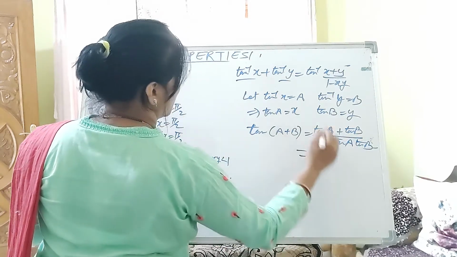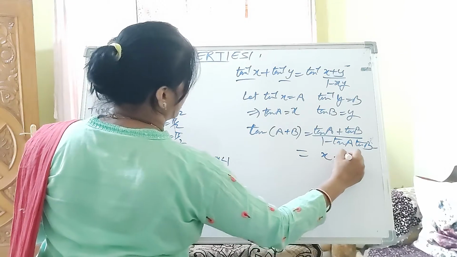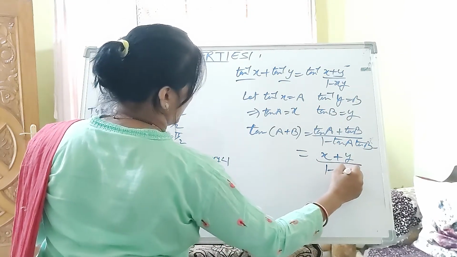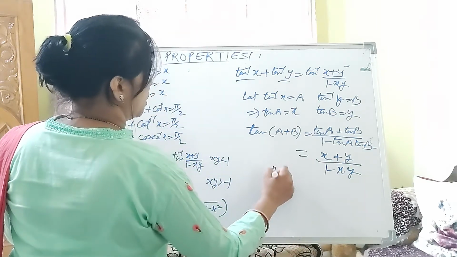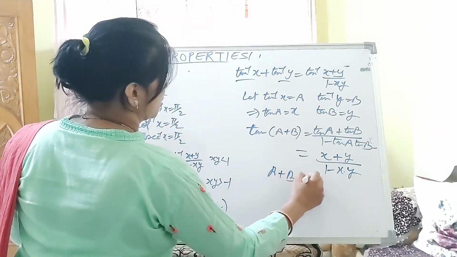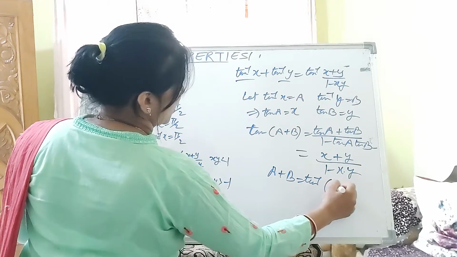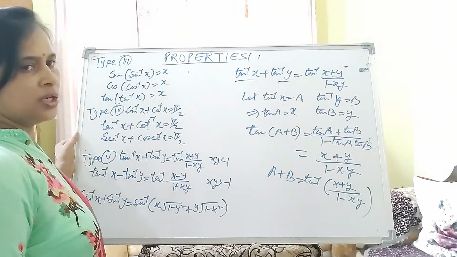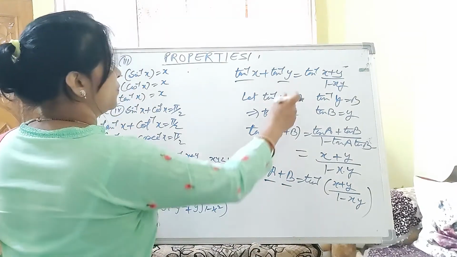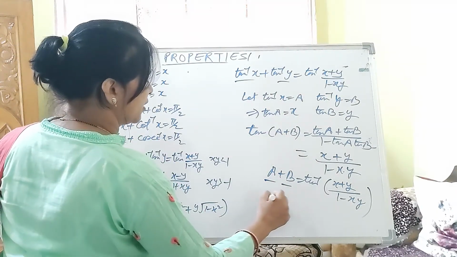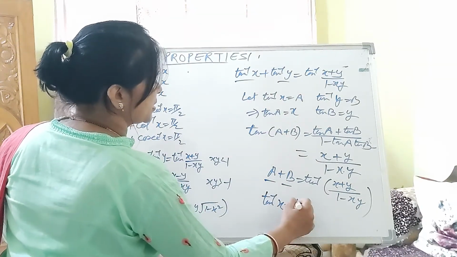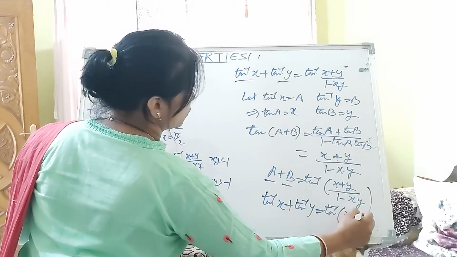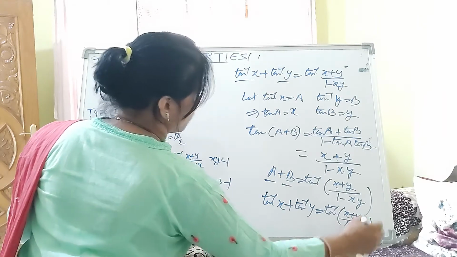In place of tan b I can write y and in place of tan a I can write x. This will give me a plus b is equal to tan inverse of x plus y upon 1 minus x into y. Now in place of a and b, write tan inverse x plus tan inverse y is equal to tan inverse of x plus y upon 1 minus xy.